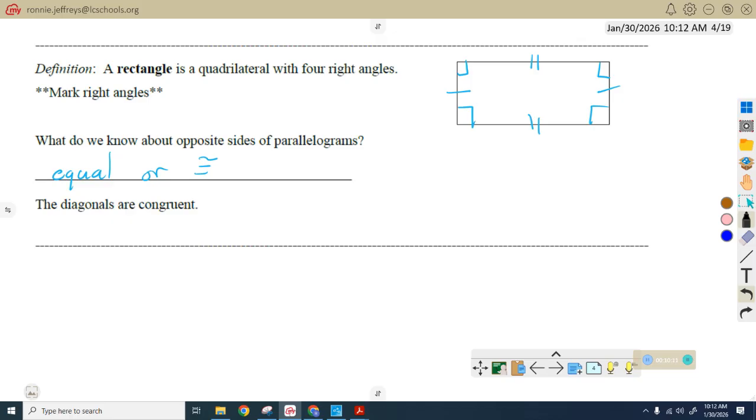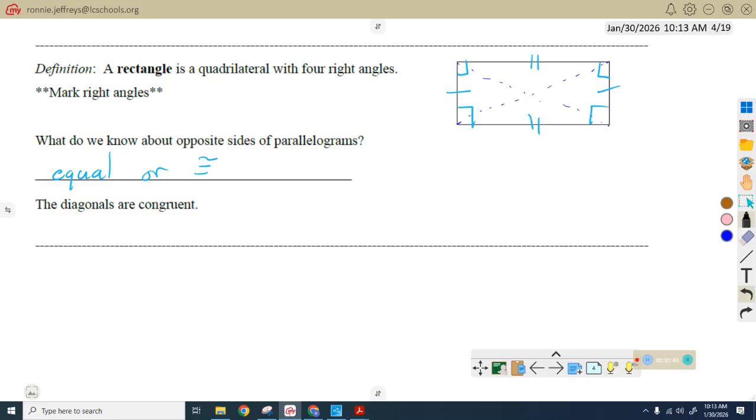Now, the big thing that we need to know is if we draw the diagonals, and I'm dotting them in because I'm afraid to do it any more because it will get kind of confusing, those two also have the same length.